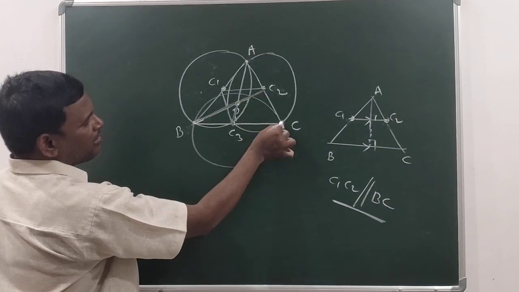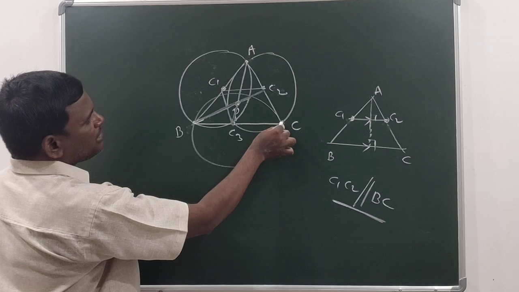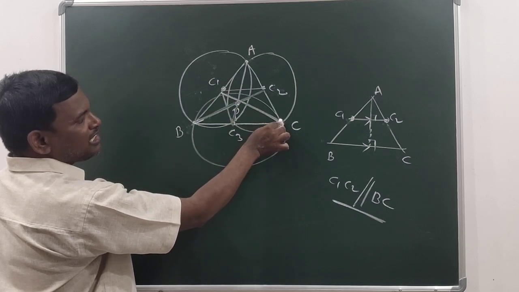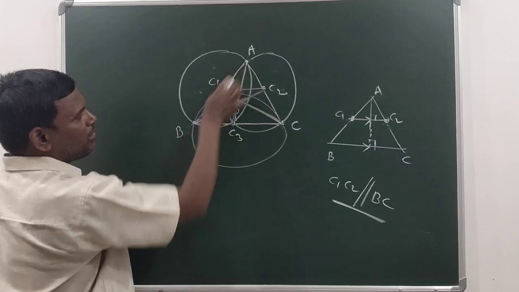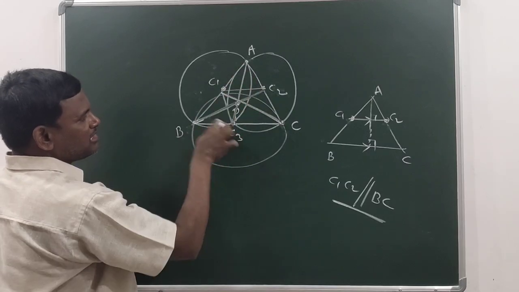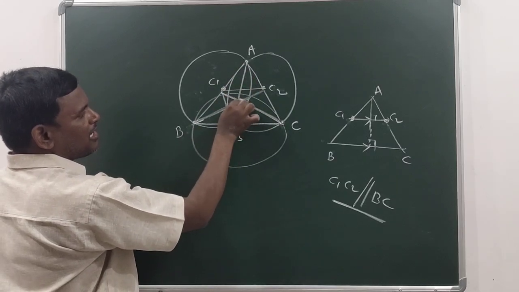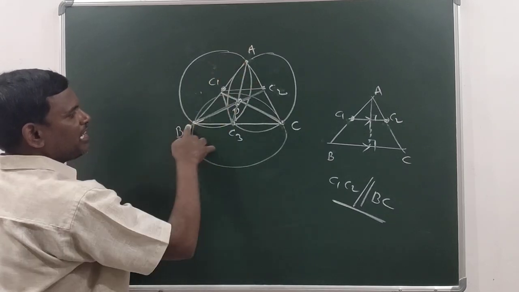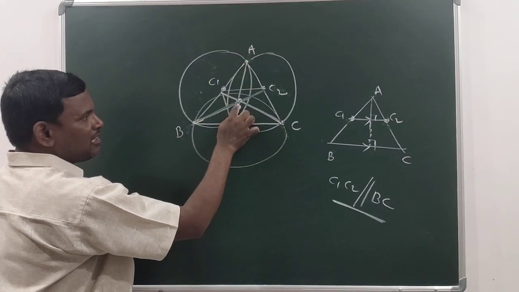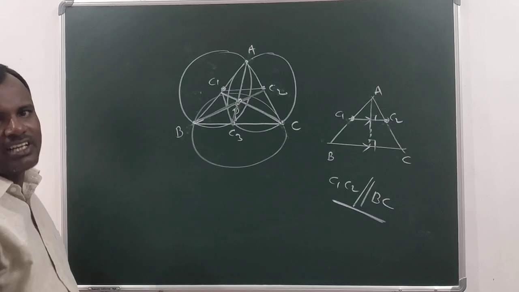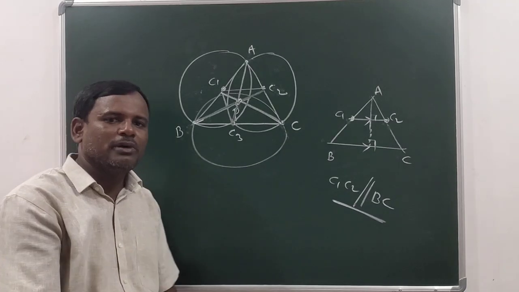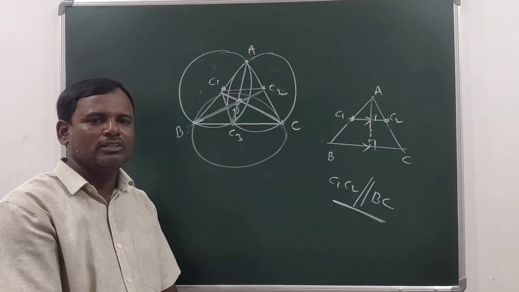In the same manner, from C, this is the common chord as well as the altitude drawn from C to AB. So these three are concurrent at this point. That is called the orthocenter of triangle ABC and the radical center of the three circles. Have you got this point? I hope you have understood it.